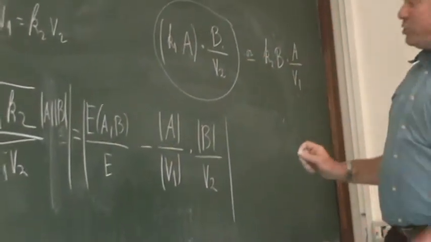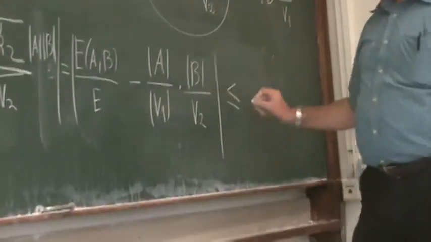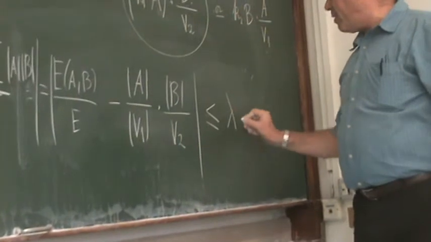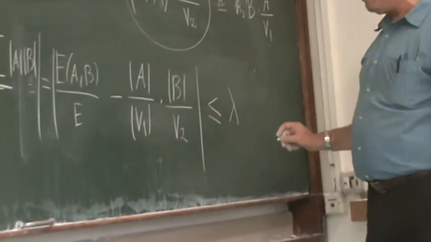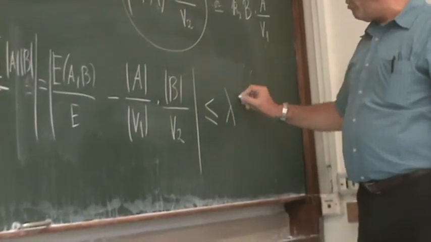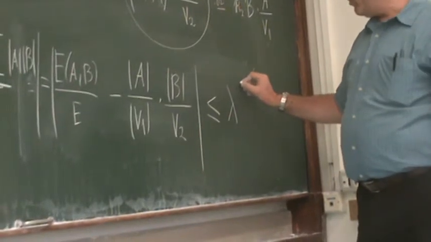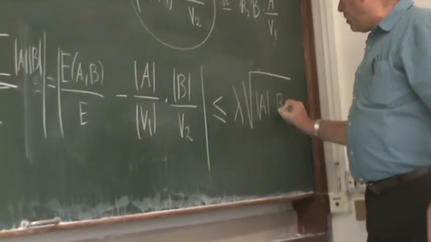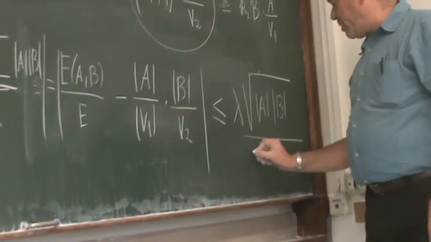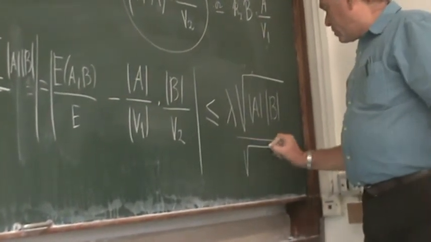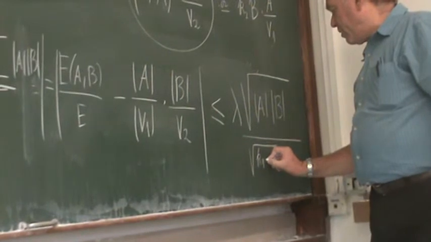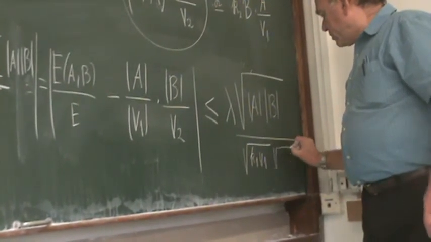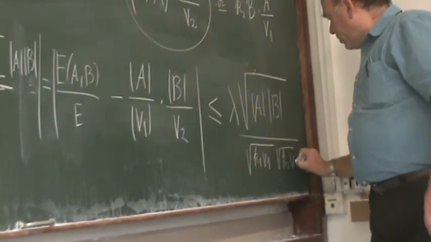And the proposition tells us that this is at most lambda, now we have to divide by the same thing, lambda times the square root of A B divided by the square root of K1 V1, square root of K2 V2.